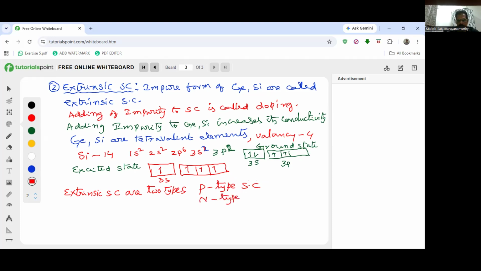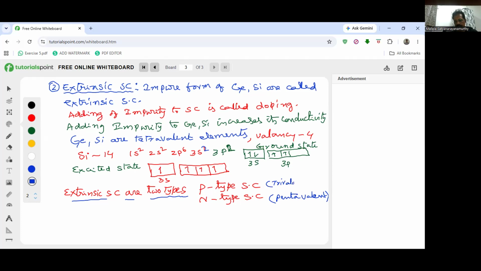Extrinsic semiconductors are 2 types. P-type semiconductor means a trivalent element is doped with the tetravalent one. N-type semiconductor means a pentavalent element, 5 valency, you have to dope. Here it is a trivalent element.